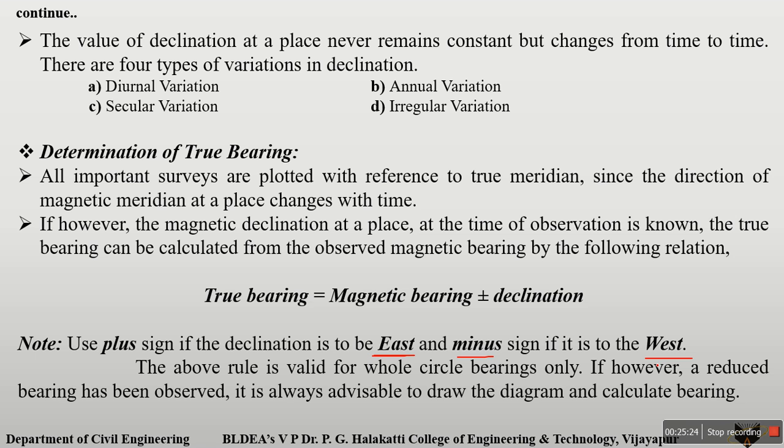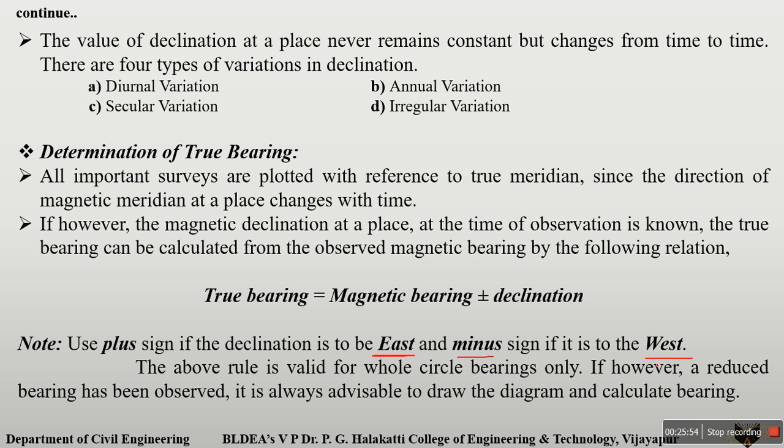If the bearing is given in the whole circle bearing system, then observe the declination value, whether it is towards the east or west, and depending upon that you have to use the sign conventions. But if the bearing is measured in the reduced bearing system, in that condition you have to draw the diagram with the true meridian line as well as the magnetic meridian line.